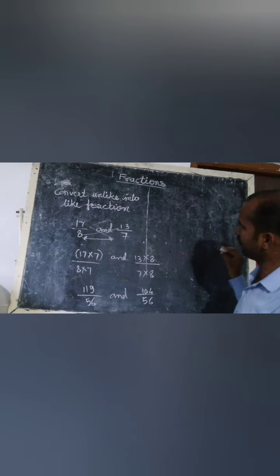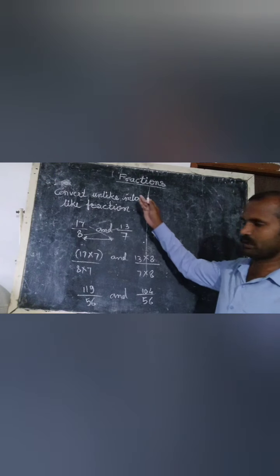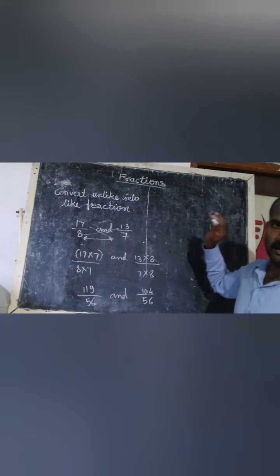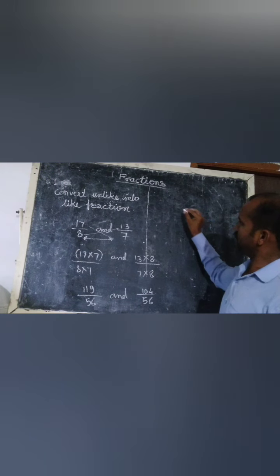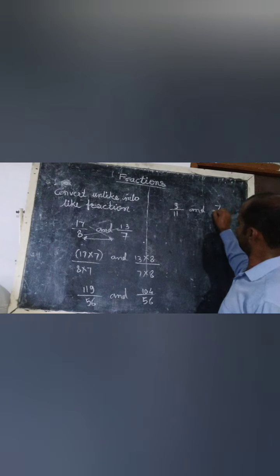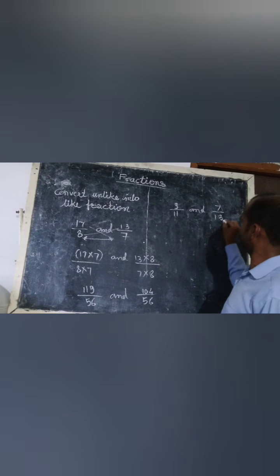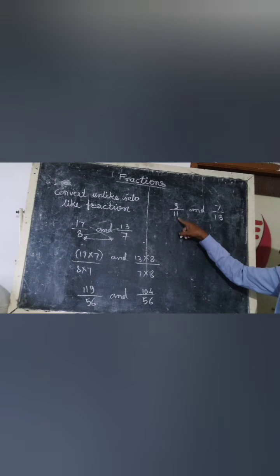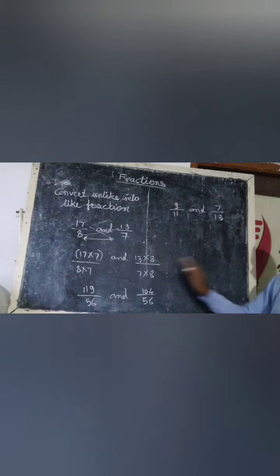Another example for you: write this down in your CW and convert these two fractions from unlike into like in your CW only. The example is 9 upon 11 and 7 upon 13. So what we have to do? Cross multiply, and multiply the denominators in this way.